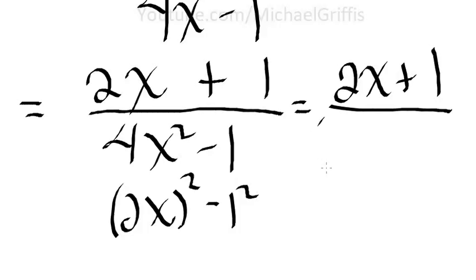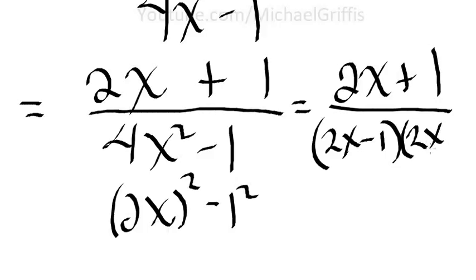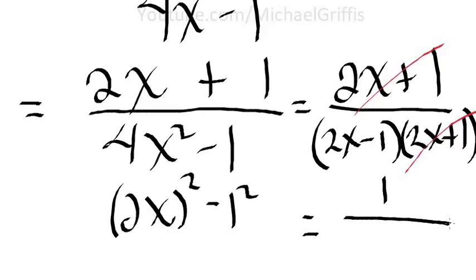So that can be rewritten as 2x minus 1 times 2x plus 1. And as you can see, we have a 2x plus 1 in the numerator and in the denominator. So it looks to me like this is all reducing down to 1 over 2x minus 1.